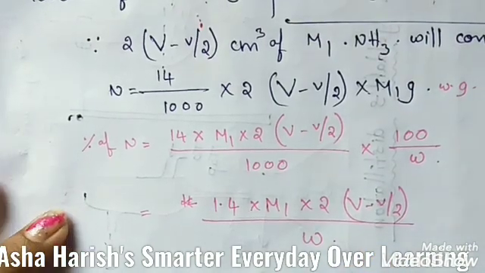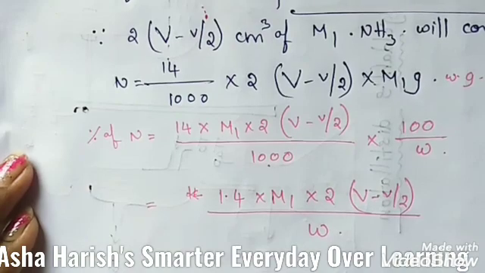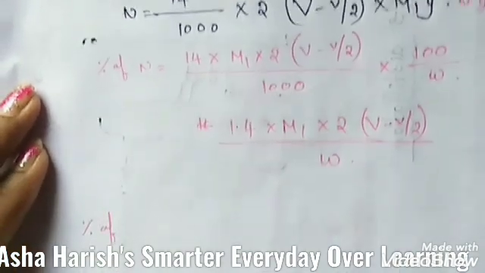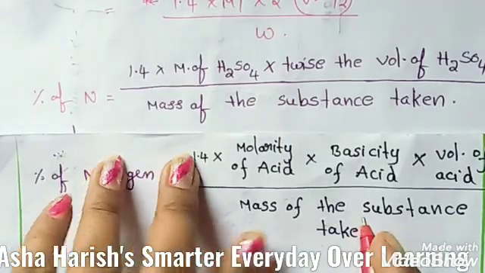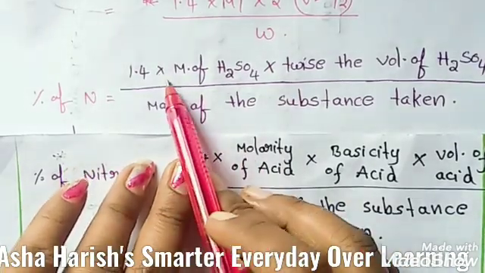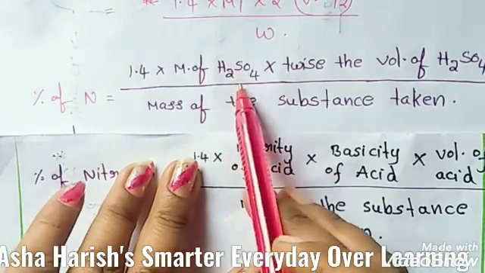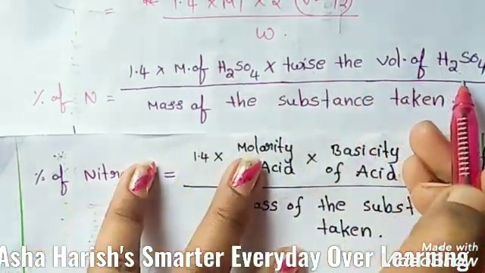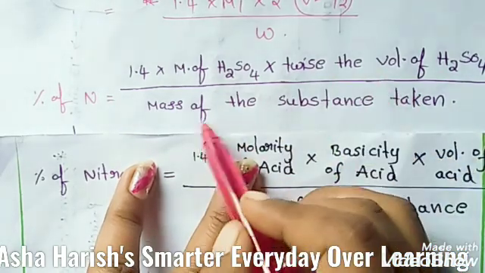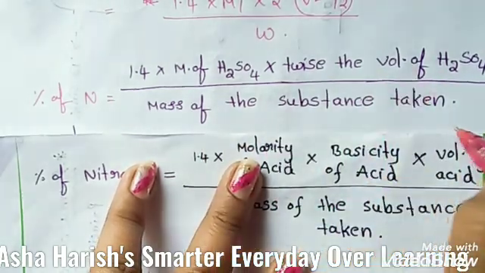Now the formula of percentage of nitrogen is 1.4 into molarity of the taken acid into twice the volume of H2SO4 by mass of the substance what we have taken.